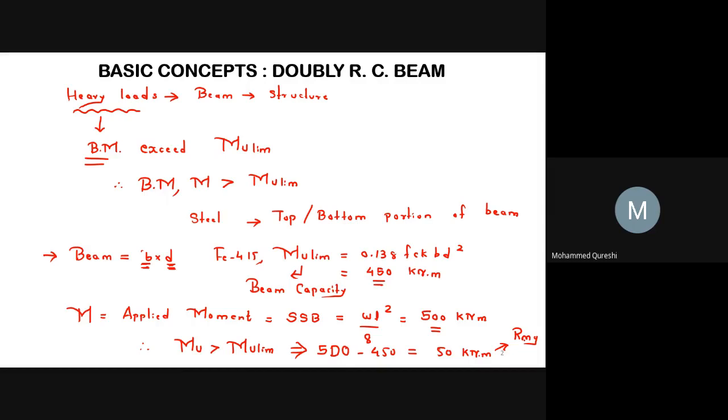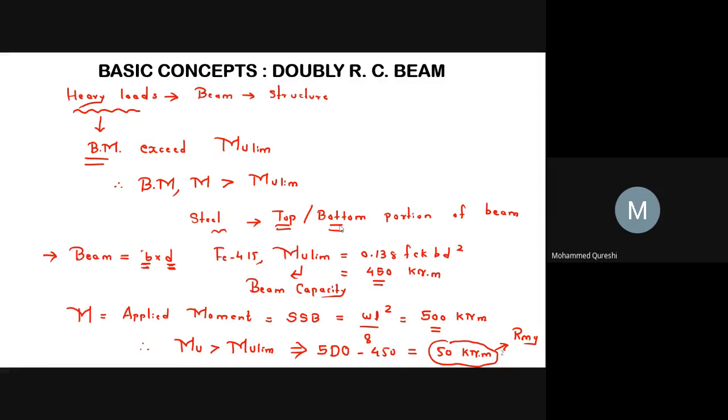Hence, this 50 kilonewton meter remaining moment has to be resisted or carried. Hence, we have to add steel for the top portion as well as for the bottom portion of the beam. We have to add steel reinforcement at the top, and as well in the bottom. Then we should design the WRC beam.